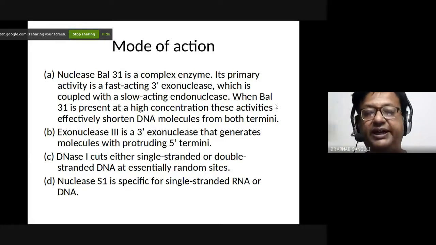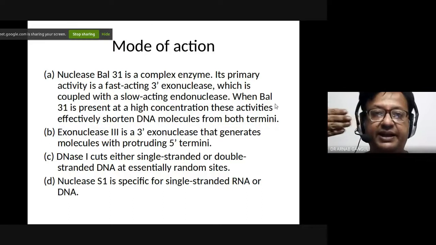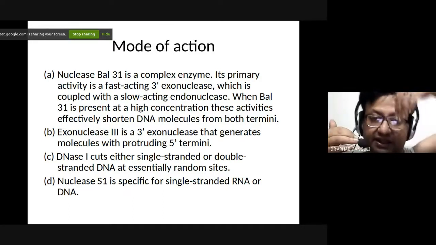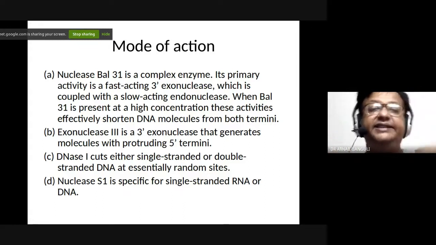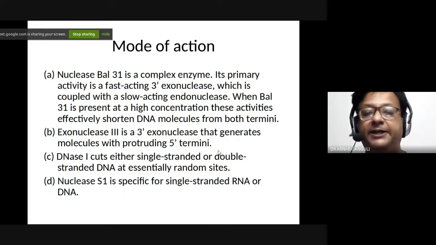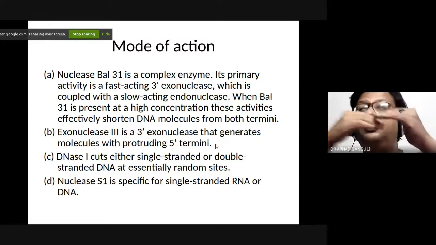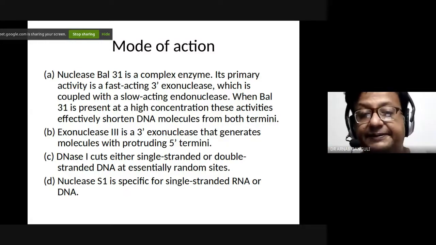What it does first is keep on digesting from the 3 prime end, and it also slowly cuts at specific sites inside. Exonuclease 3 is a 3 prime exonuclease that generates molecules with protruding 5 prime termini. So it digests the 3 prime ends. The result is that the other side has a protruding 5 prime end.